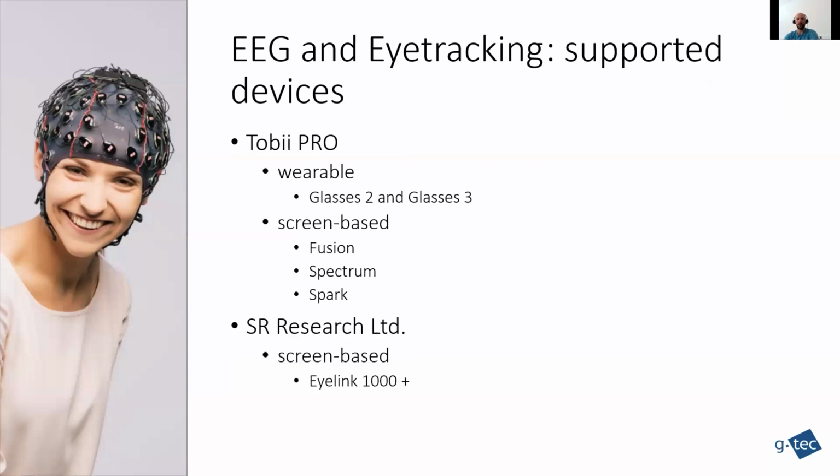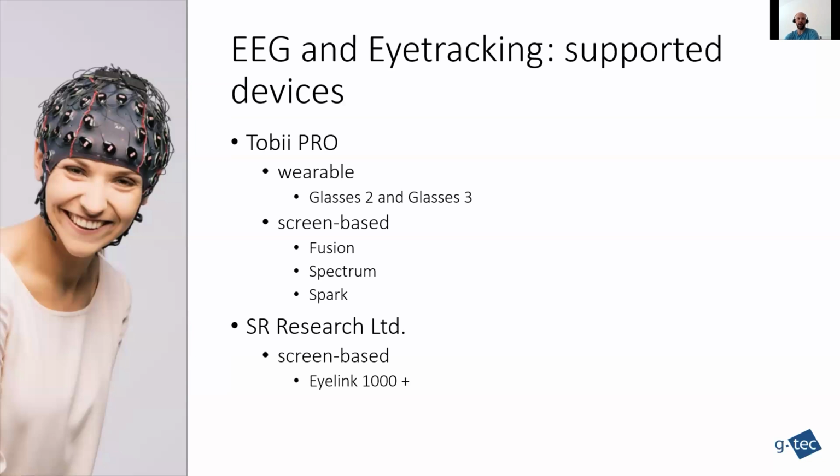Let's get started with an overview of our supported devices. In principle, we support two devices of two brands: one brand is Tobii Pro, and the other is SR Research. The Tobii Pro splits up into wearable and screen-based eye trackers.